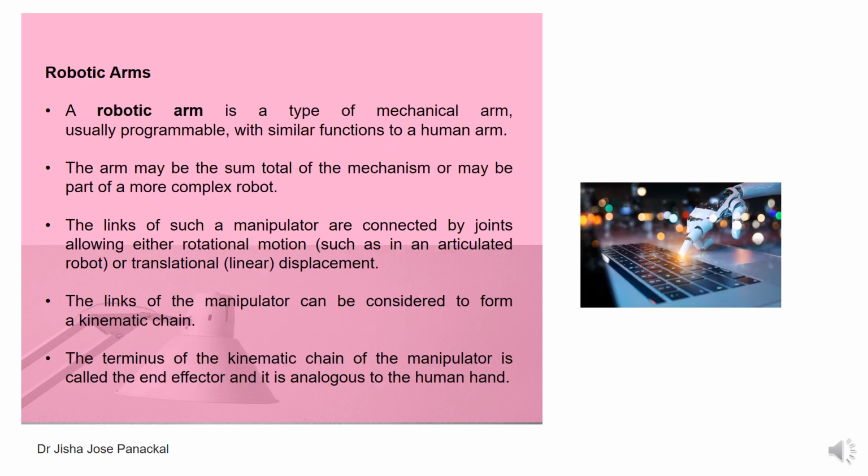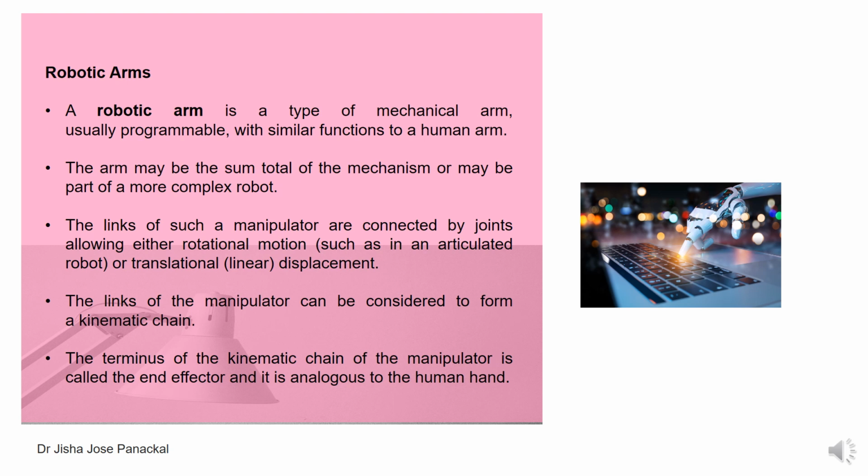Next one is robotic arms. This is also one of the very recently used output devices. It's a type of mechanical arm, usually programmable, with similar functions of a human arm. So this can be part of a robot or it can be a standalone one. The links of such a manipulator are connected by joints, allowing either rotational motion or linear displacement.